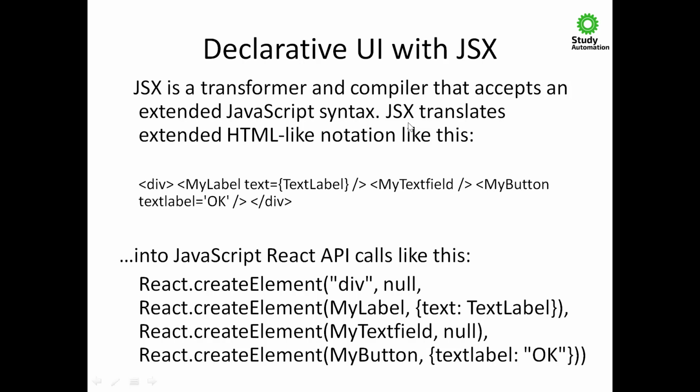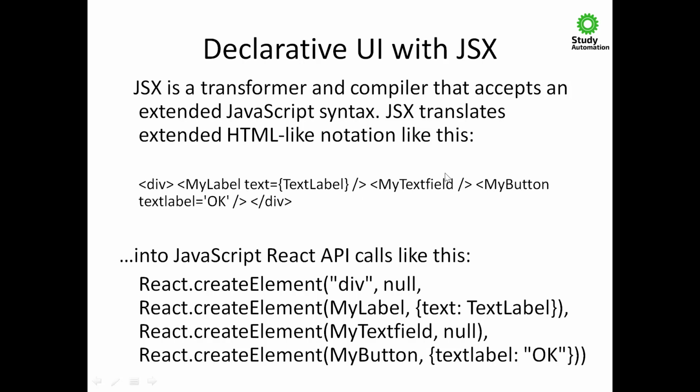Here we have the declarative UI with JSX. As we already understand, JSX is the transformer or compiler that accepts an extended JavaScript syntax. JSX translates extended HTML-like notation. This looks like HTML, where we have a div with a label. Inside that we have attributes, text equal to label.